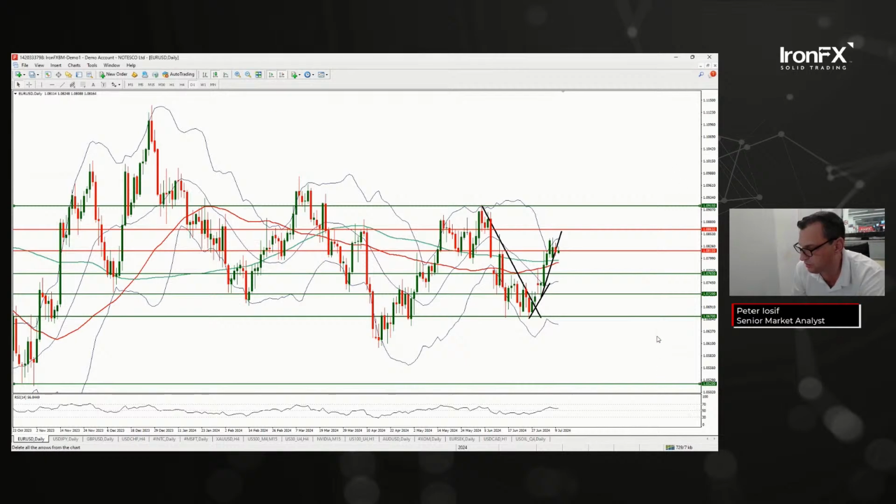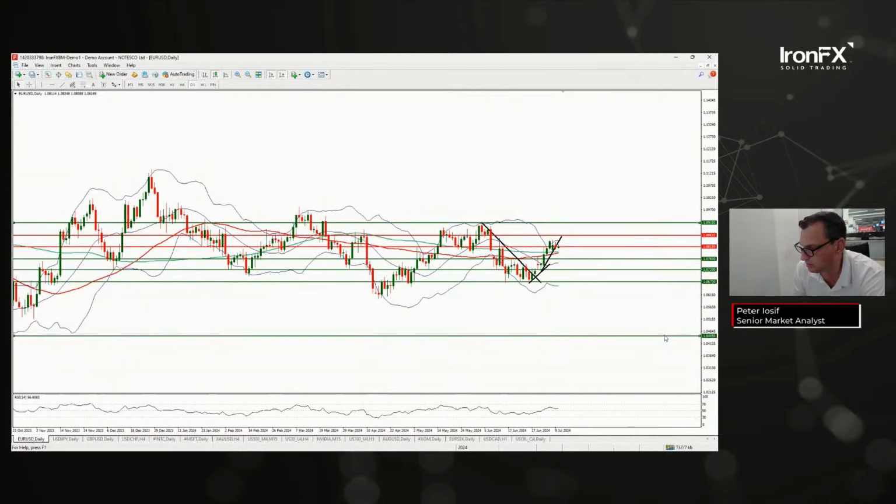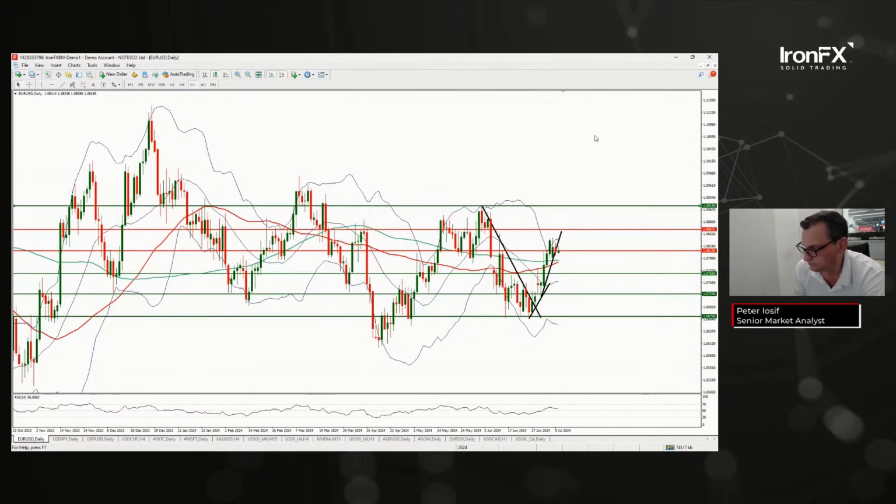This is no longer required. Setting the ultimate resistance line in red. Let's place some labels, starting with the R3. 1.0915.